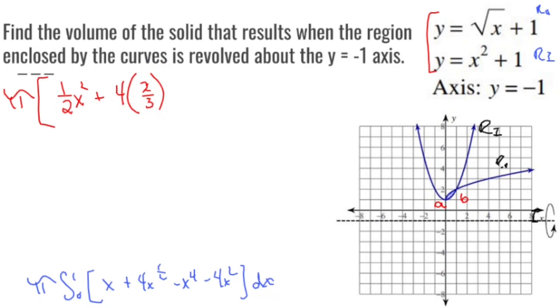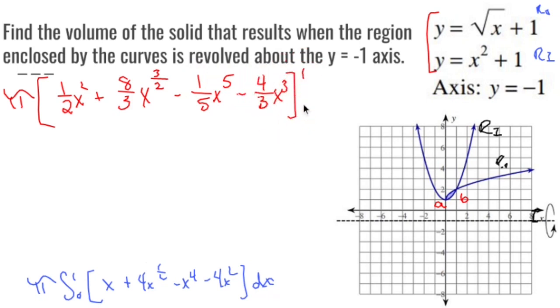And you end up with 8 over 3, x to the 3/2. Okay. Minus 1/5 x to the 5th, minus 4/3 x to the 3rd.